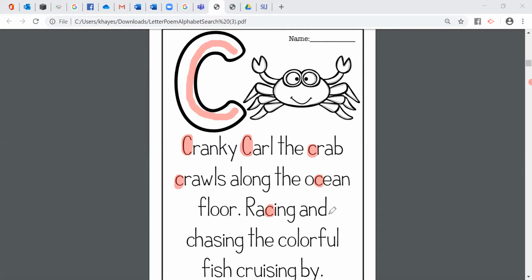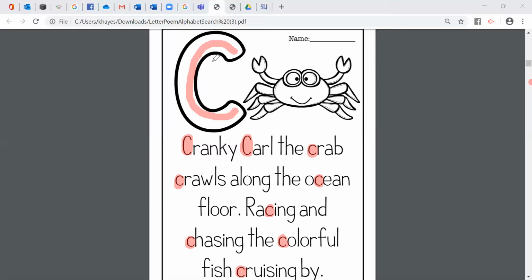And? Nope. Chasing. Good, chasing starts with a C. The? Nope. Colorful? Good, colorful starts with a C. Fish? No. Cruising? Good, starts with a C. By? Nope.